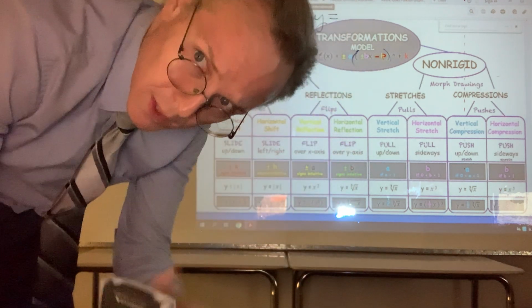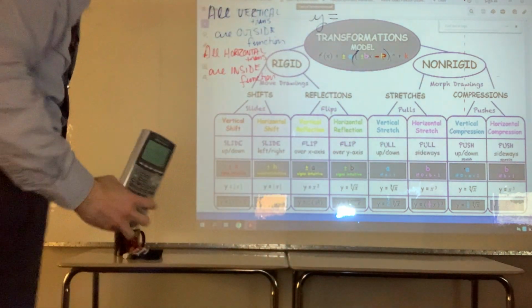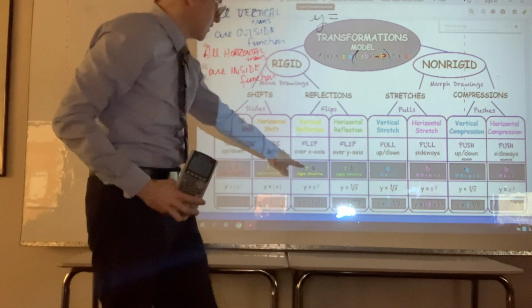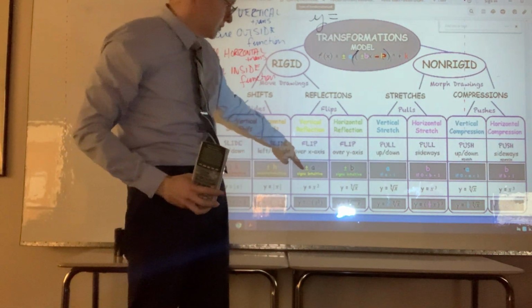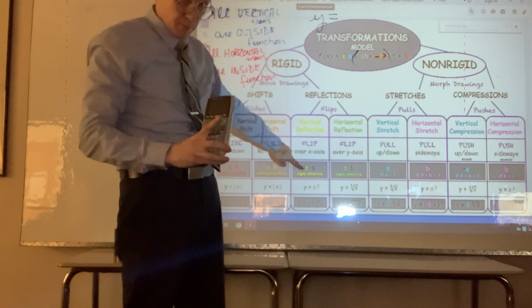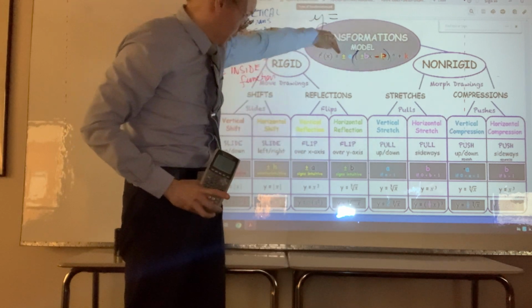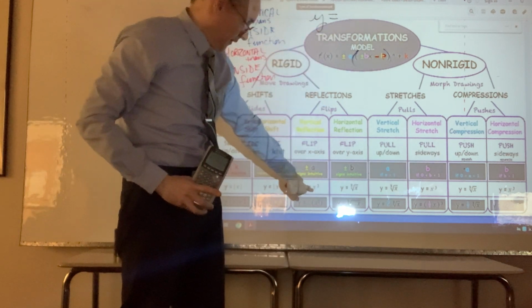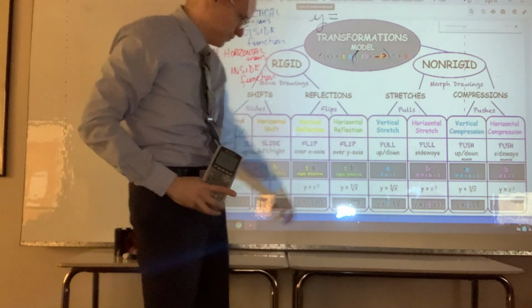Now, if you wanted to vertically reflect it, that's a sign in this case, not the number per se, but the sign up in front of the function.